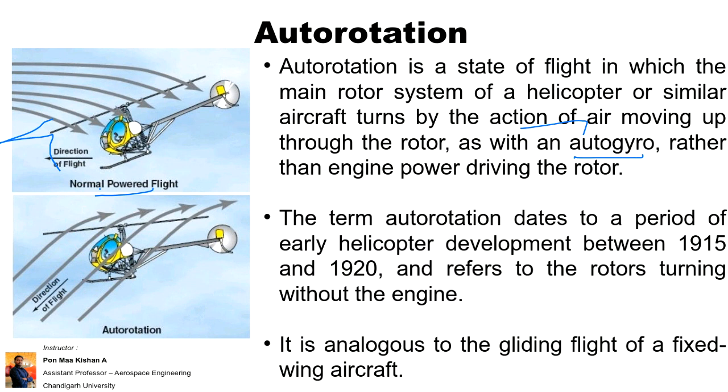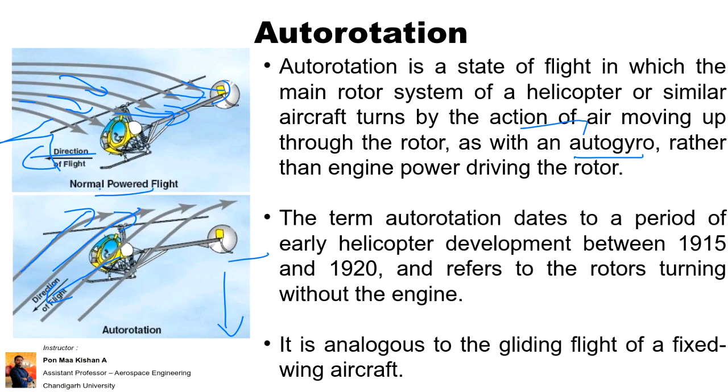So when the engine is on, the flow direction will be from up to down, so that the helicopter will move forward. Okay. So when the engine starts to fail, the pilot will tilt the pitch control accordingly, so that the flow from below is moving backward and the helicopter will move in this direction. Okay. So it won't descend vertically.